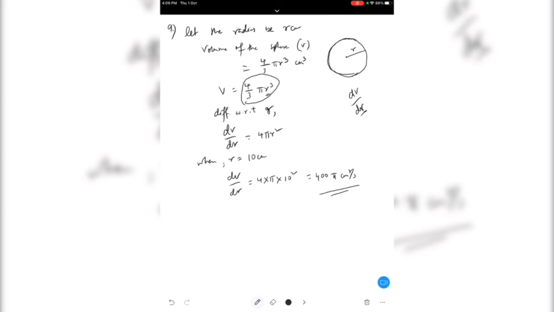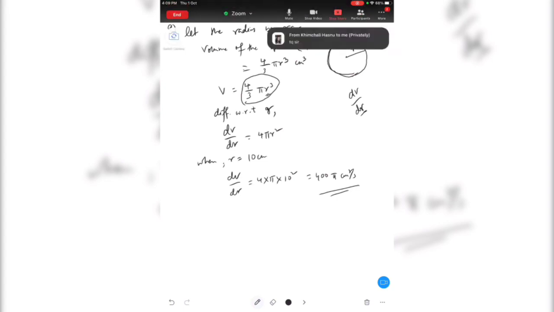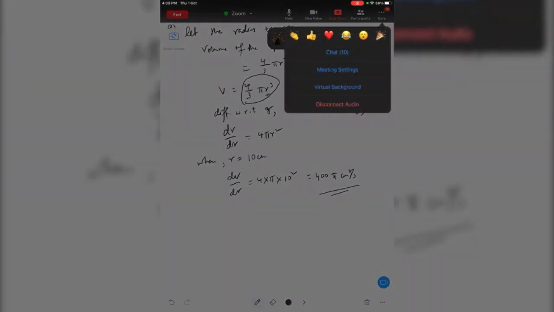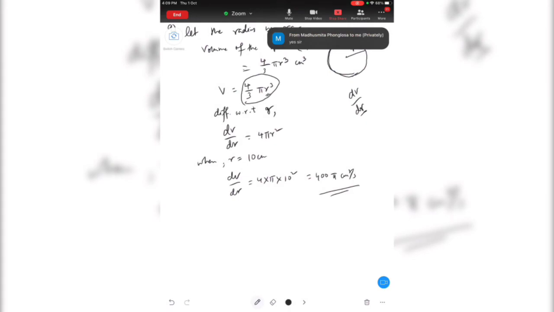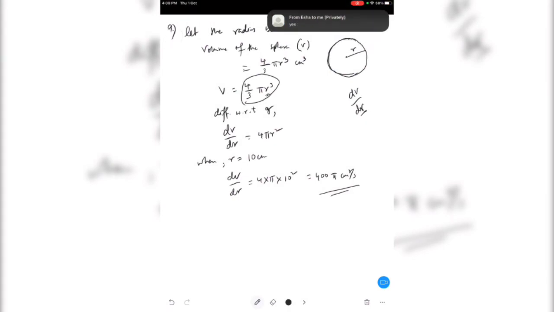So I hope you understood this one. Yes or no? Have you got this chapter? And one thing, if you have any doubts in integration, then we can discuss that also. You just text me through WhatsApp, and I will try to explain it there.